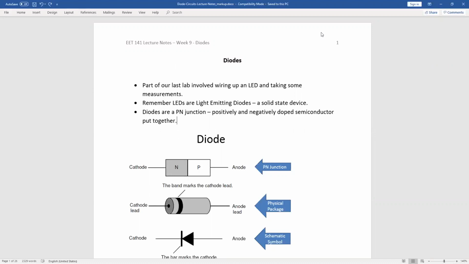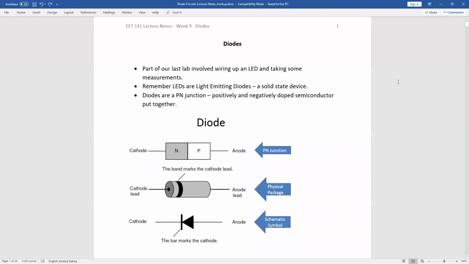Okay, so we're going to talk about diodes, and we started to talk about this when we were discussing semiconductors before our midterm, which was a little while ago at this point, but hopefully you remember some of that. And our last lab, lab 5, involved wiring up that LED and taking some measurements. We also wired up just a normal silicon diode and took some measurements.